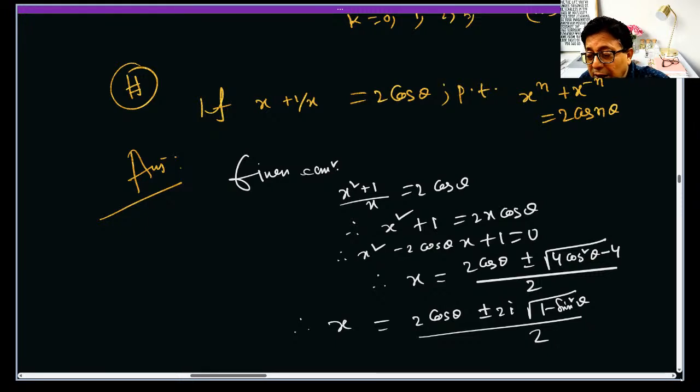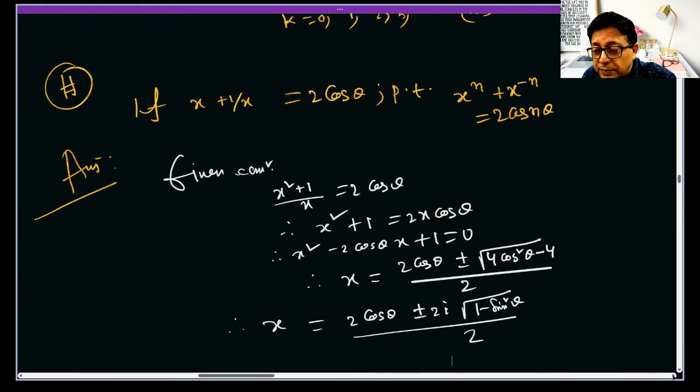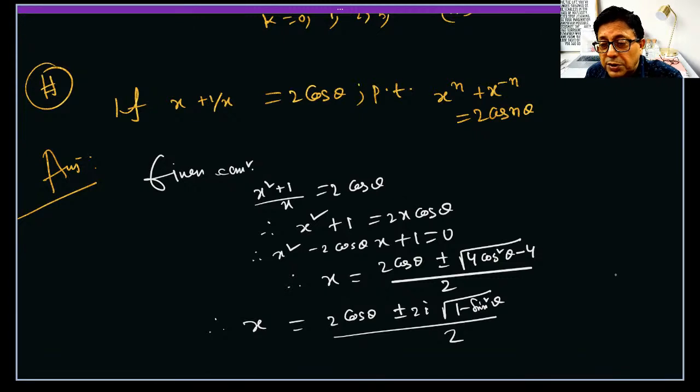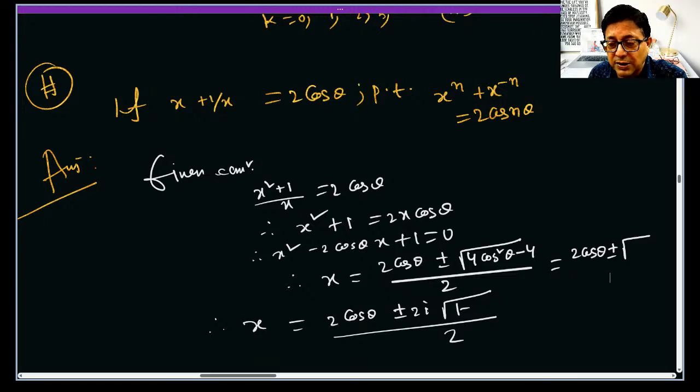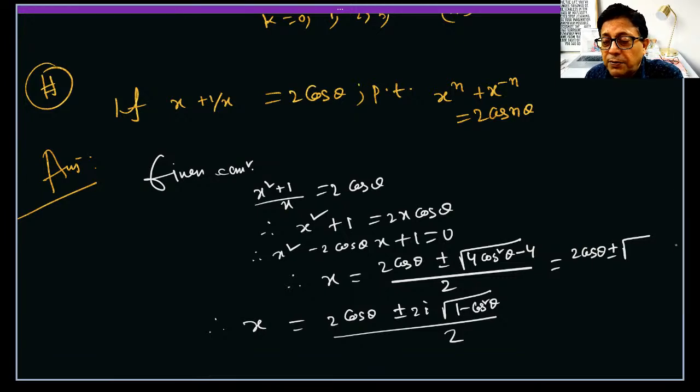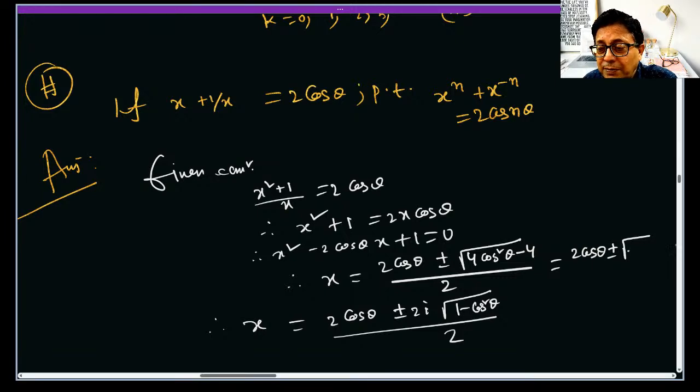If not clear, let me write it again. This you write plus minus, you take, yes, this will be 1 minus cos square theta. How have I got that? Let me explain.